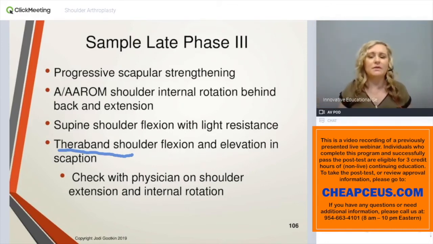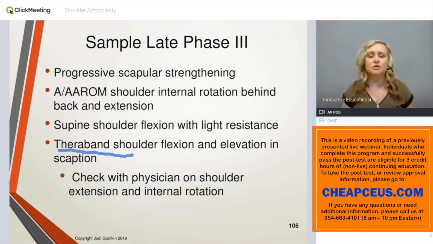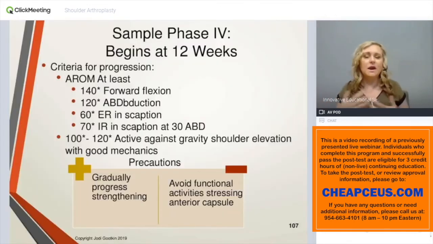So just something to be aware of. I'm not sure what the references were for that, but it was mentioned in several different protocols that developing that eccentric control, they said using TheraBand for it at this point in rehab may place too much challenge on that new shoulder.